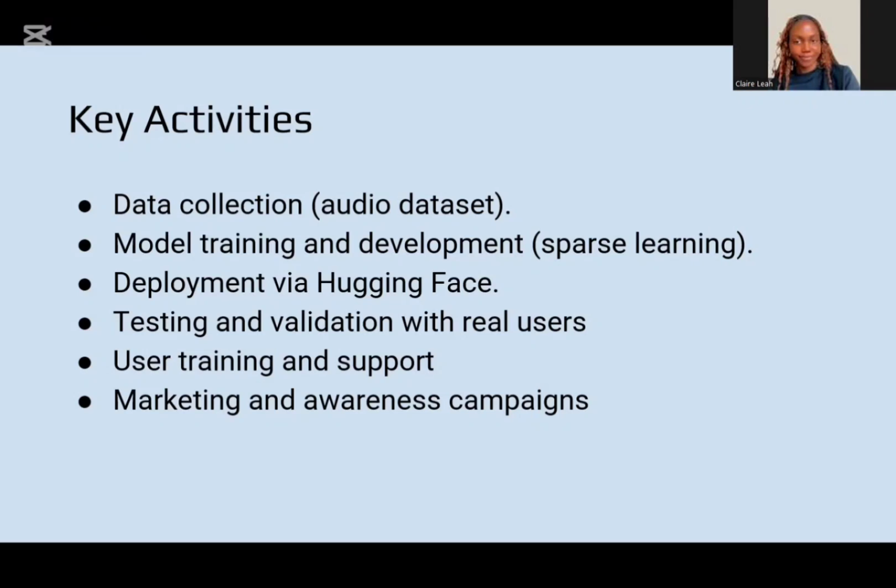And the key activities: we have the data collection. The data we used is an audio data set that consists of pathological audio recordings and recordings that are clear. Another one is the model training and development. Some of the techniques we used while developing and training our model is sparse learning, which is all about extracting the relevant features like the abnormal jitter while ignoring irrelevant variations like the background noise, reducing the computational costs, and enhancing the model interpretability for the communications.